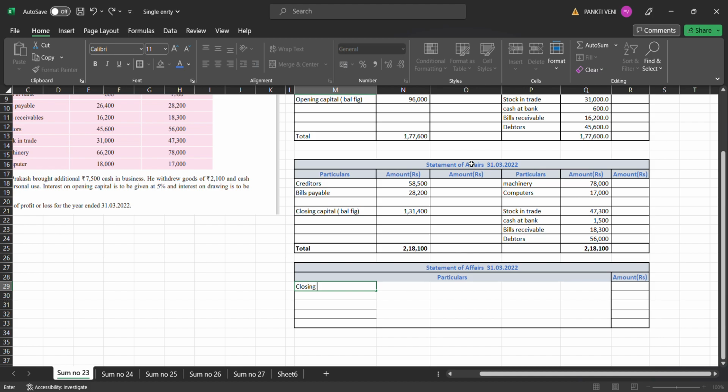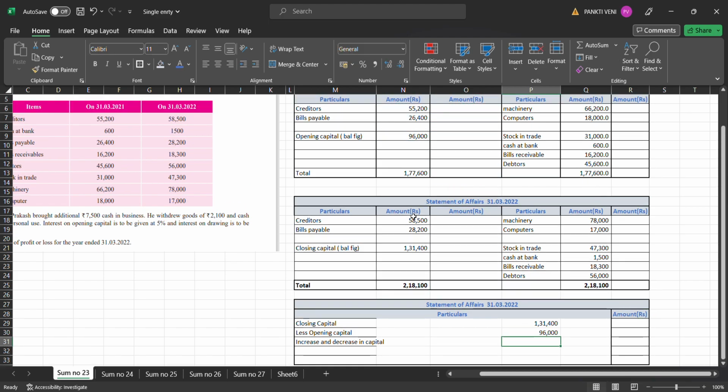For statement of affairs, let me note down the format first. So we have closing capital, amount coming from here, that is 1,31,400.